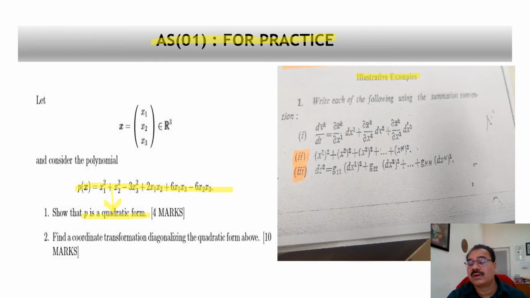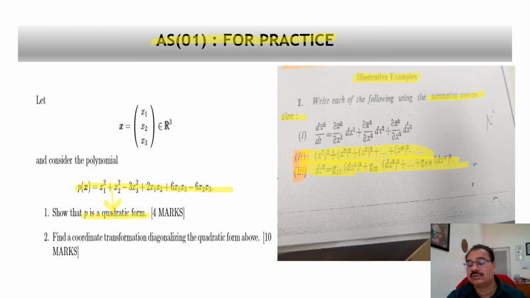And there is also one problem with three smaller sub-problems. Write each of the following using the summation convention. Yesterday we discussed the summation convention. First, d x bar k divided by d t is equal to del x bar k by del x1 d x1 plus del x bar k by del x2 d x2 plus del x bar k by del x3 d x3. Similarly there are the other two problems.